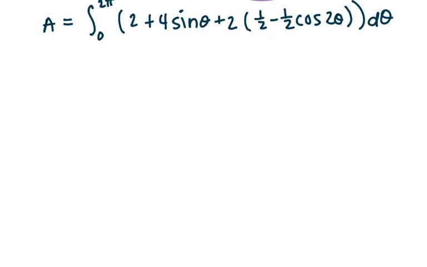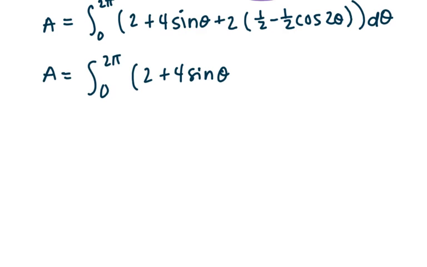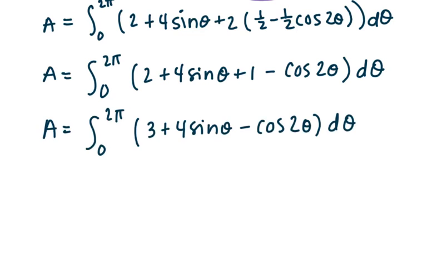And we can actually distribute that 2 to both of the halves, which is quite nice in this particular situation. That won't always be so pretty. We're so close to being ready to actually integrate. So that's just going to be plus 1 minus cosine 2 theta d theta. I'm going to go ahead and combine the 1 and the 2. And now we are finally ready.